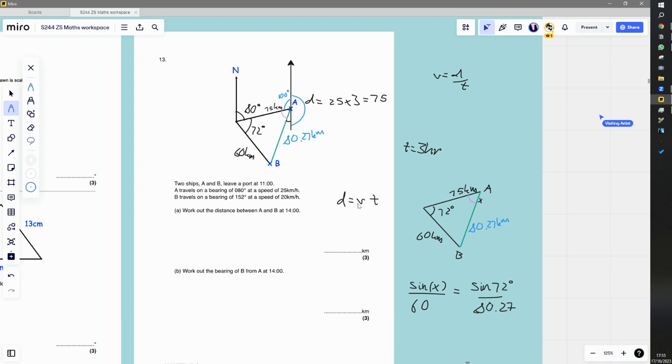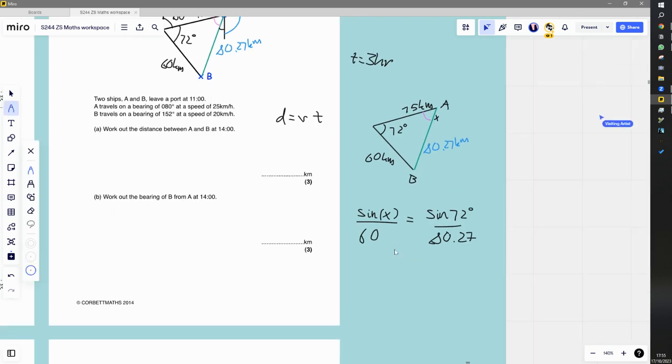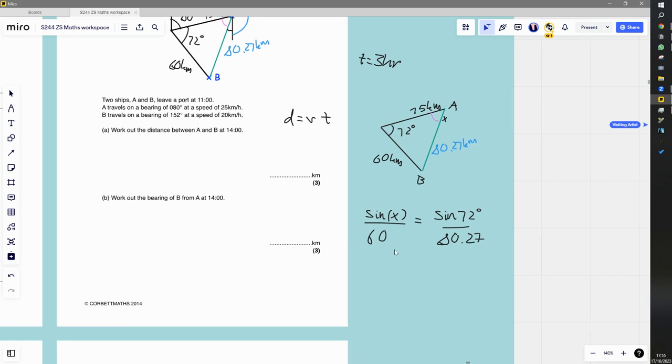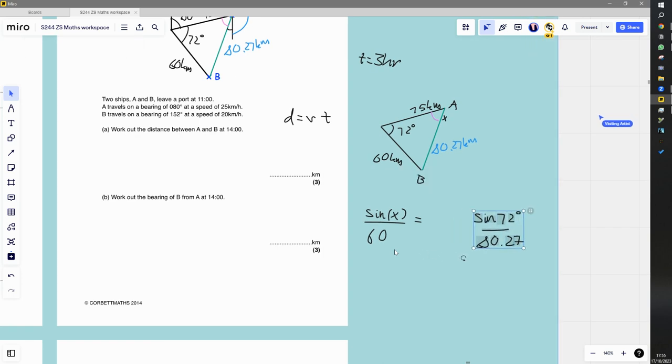So rearranging that, if I multiply both sides by 60, I can say sine of x is 60 sine 72 divided by 80.27.